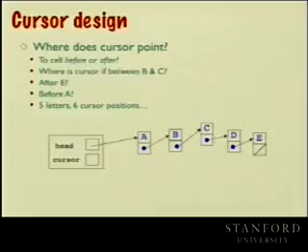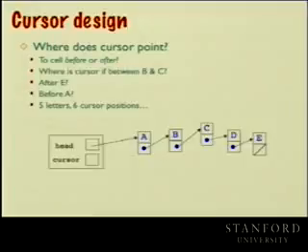Let's think a little bit about that cursor, because there's an important decision to be made early to help facilitate the later work we have to do. I have the contents A, B, C, D, E. We talked about how the cursor is actually between 2 characters.